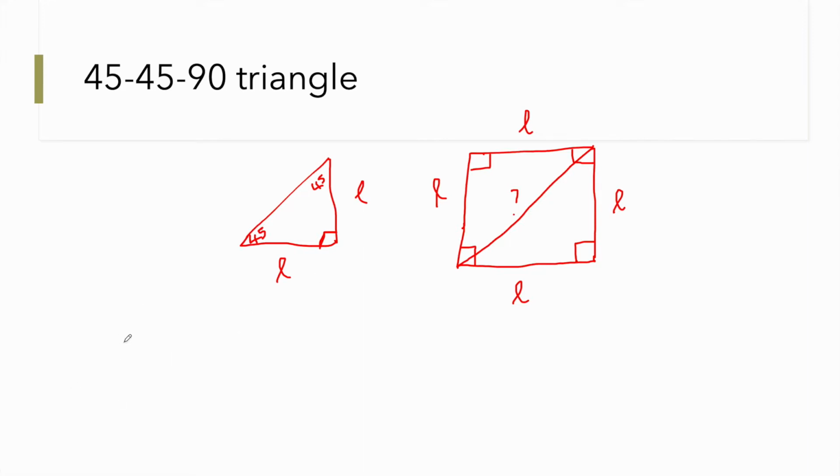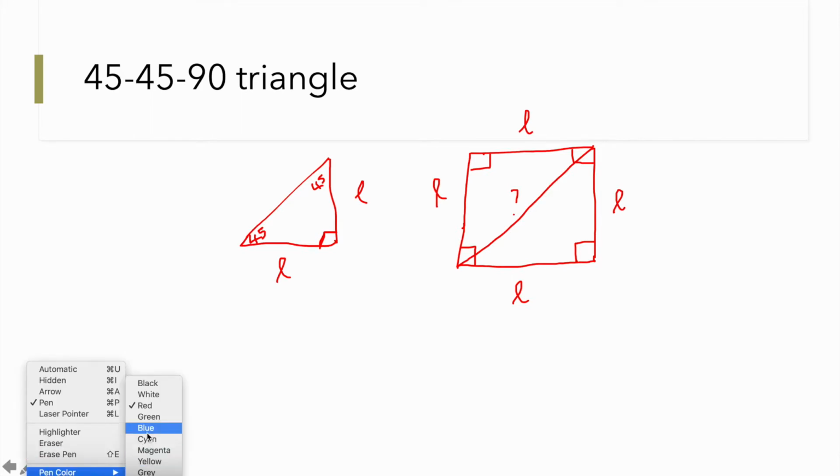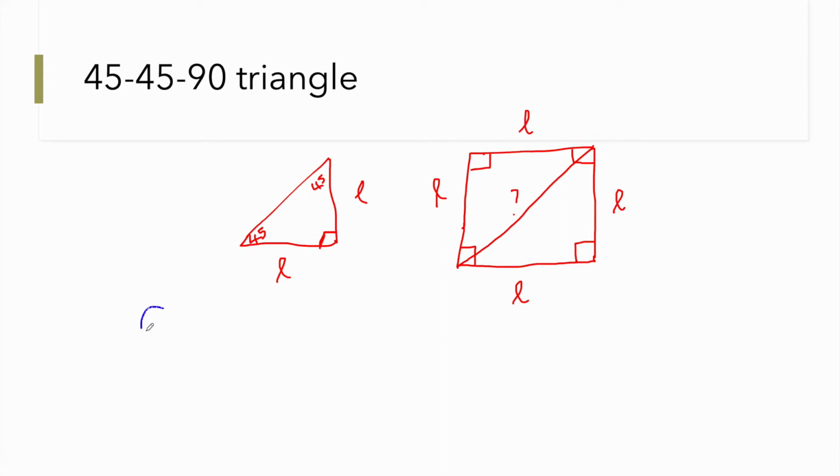So our Pythagorean theorem, let me try to use a different pen so that it looks beautiful. We have C squared is equal to A squared plus B squared. So what is our length, which is the legs of a right angle triangle? It's L squared plus L squared, equal to C squared, which is what we're looking for.